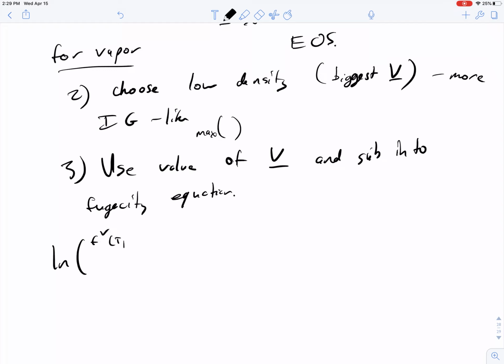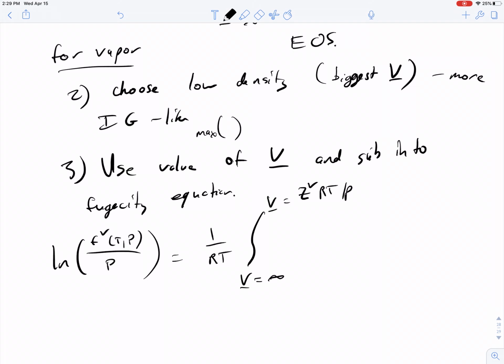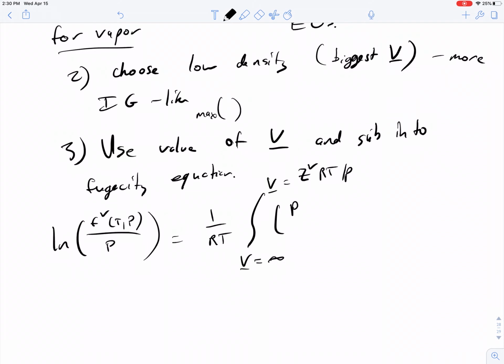Fugacity of the vapor phase at temperature and pressure all over the pressure is equal to 1 over RT integral V equals infinity to V underbar equals Z of the vapor phase RT over P, which you can calculate, of RT over V underbar minus P dV underbar, minus log ZV plus ZV minus 1.